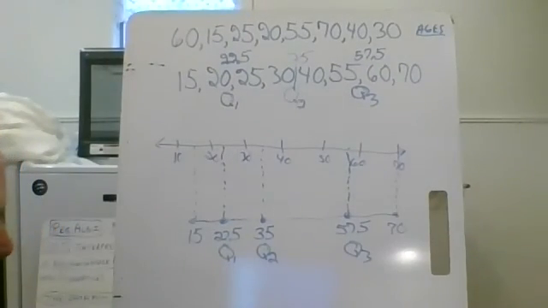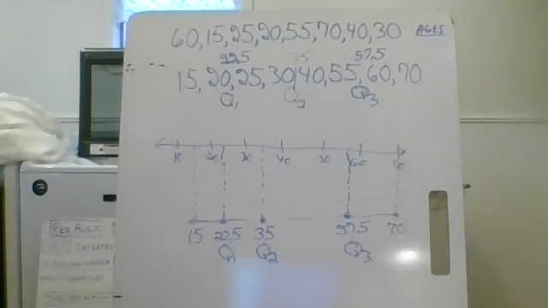All right, so we're drawing a box and whisker plot. We found the min, we found the max, then we found Q sub 2, the median. That gave us a lower and an upper half. We found the median of the lower half at 22.5. That was Q sub 1. And the median of the upper half was 57.5.